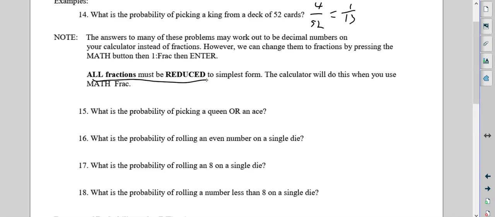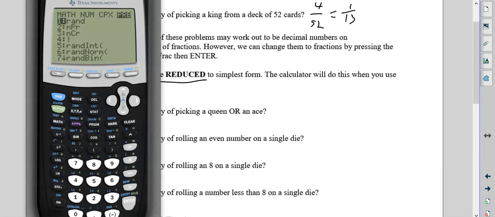And the calculator will do this for you with the math fraction key. So, for example, if you did 4 divided by 52, you get a decimal. But if you go to the math key, see where it says fraction, it's already highlighted, just hit enter, enter, there it is, 1/13. So it gives you the reduced fraction.